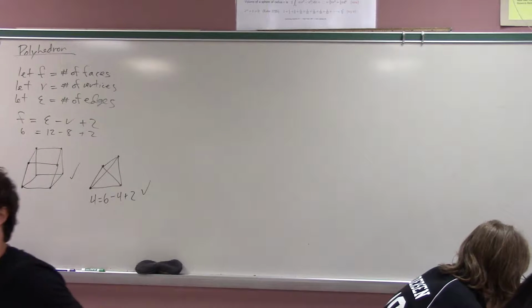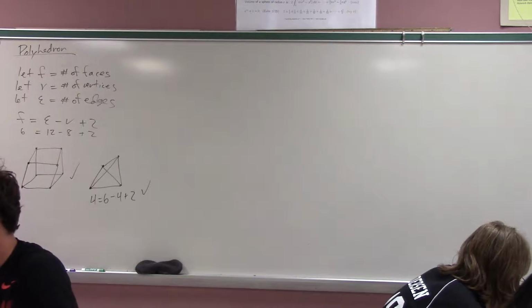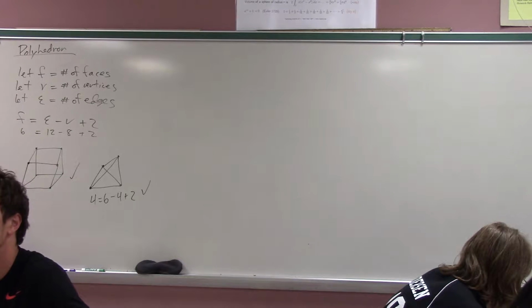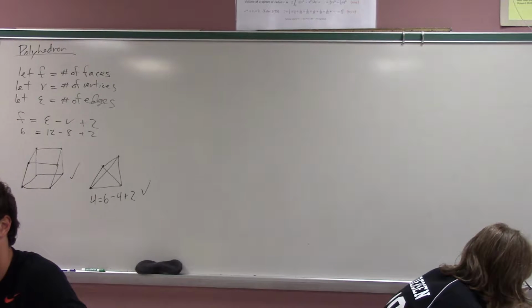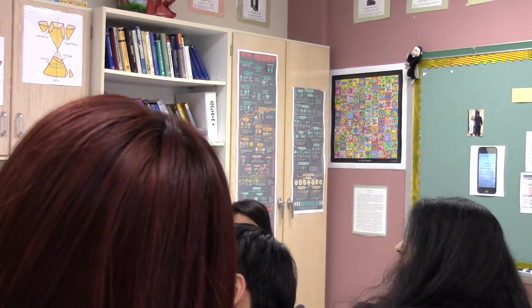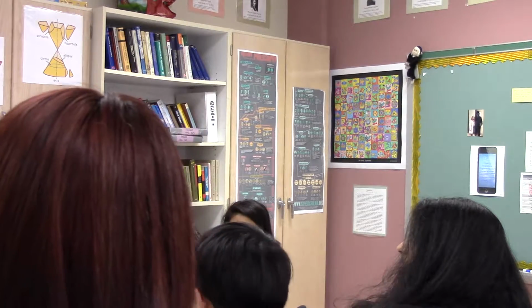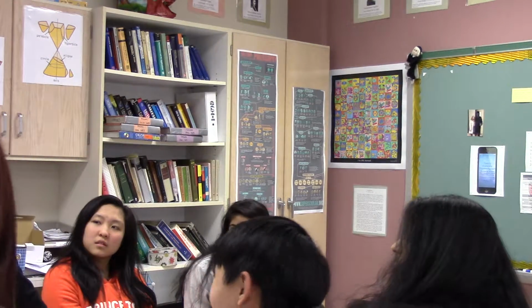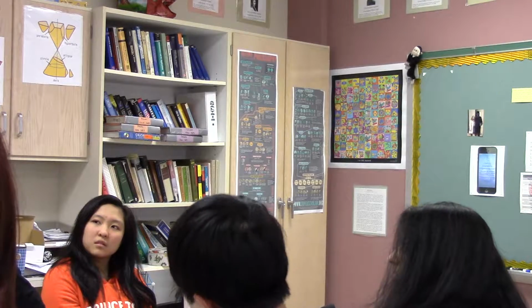What does it mean to be a regular polyhedron? This is, for example, a dodecahedron. What is a dodecahedron? It is one of the 5 regular Platonic solids.